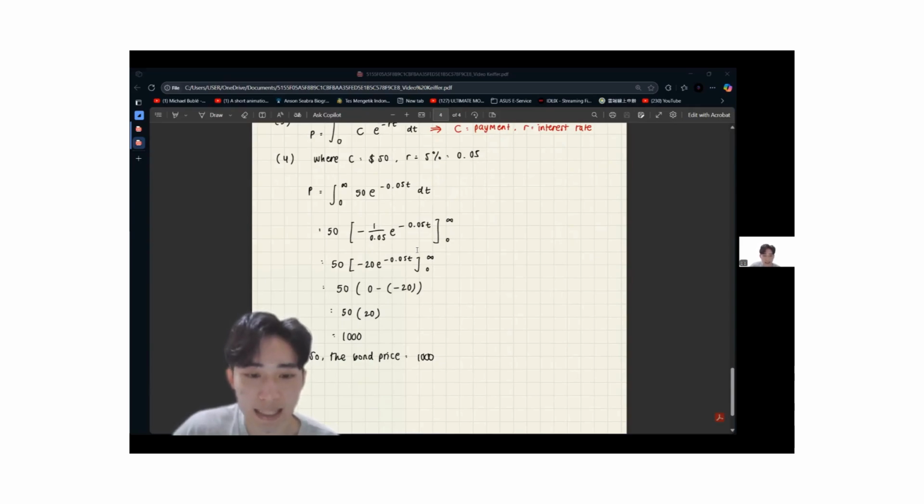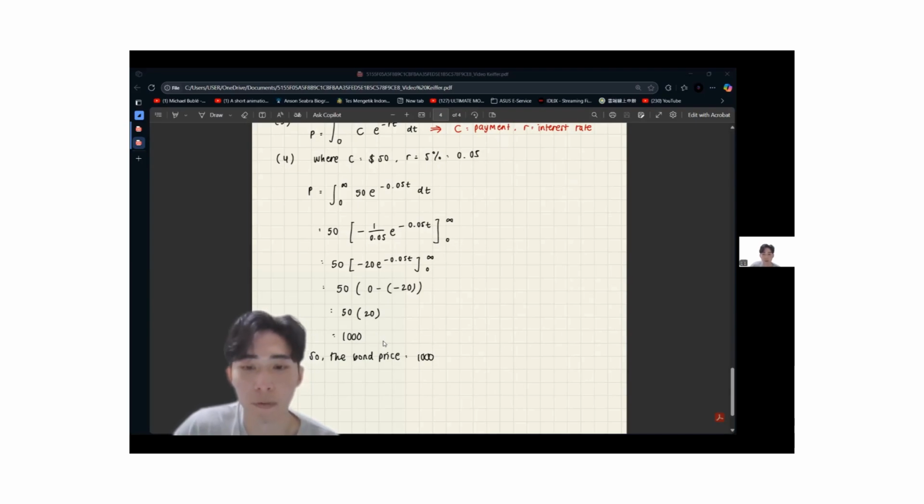And at t equals 0, e to the power of minus 0.05 times 0 is equal to 1. So the solution reduces to, you can calculate right here, 1,000. So the bond price is $1,000.